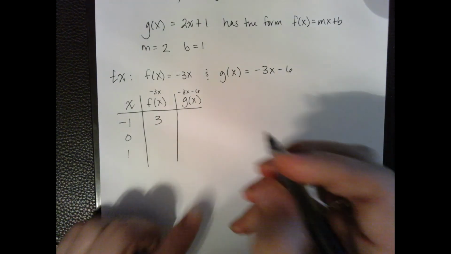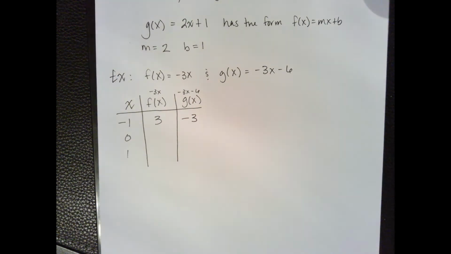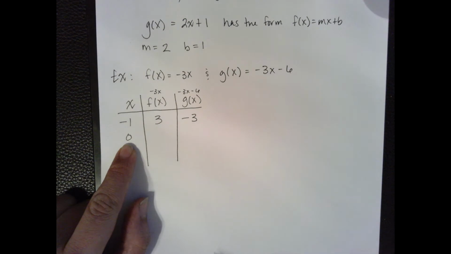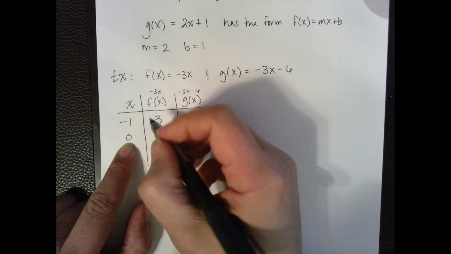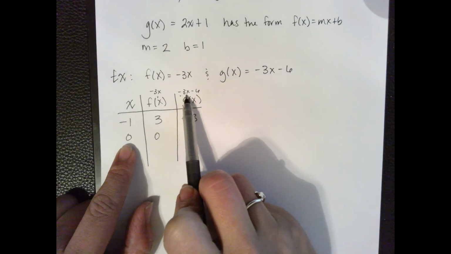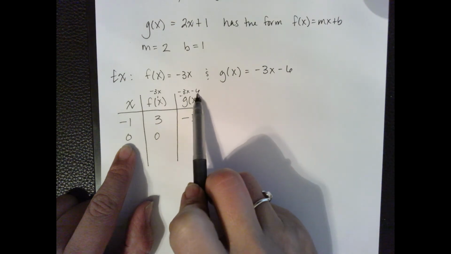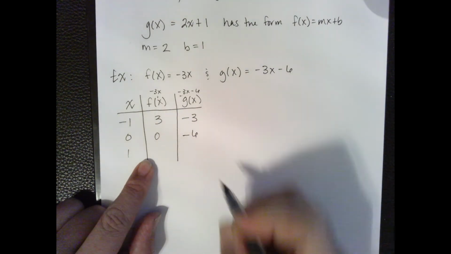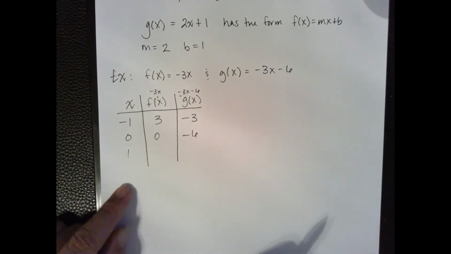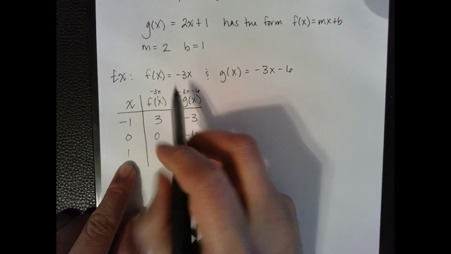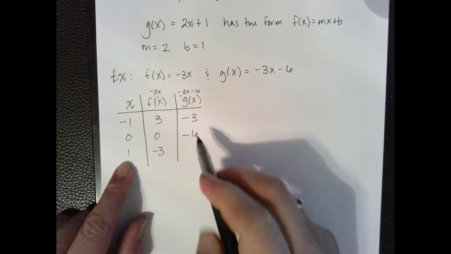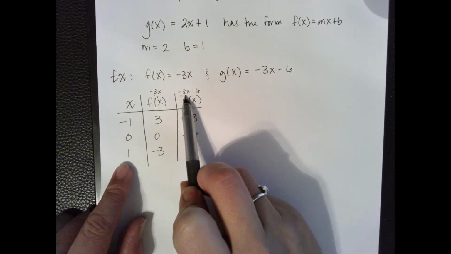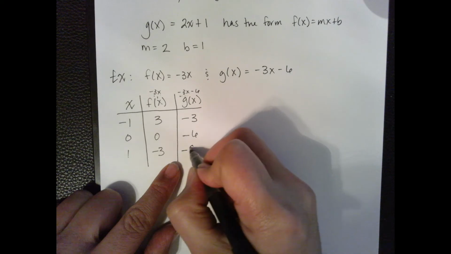So 3 minus 6 is negative 3. If I let x be 0, I have negative 3 times 0. That's still 0. And if this is 0, I just have to subtract 6, so I end up with minus 6. Here I have 1, and if I have negative 3 times 1, I have negative 3. And if this is negative 3 minus 6, I have minus 9.